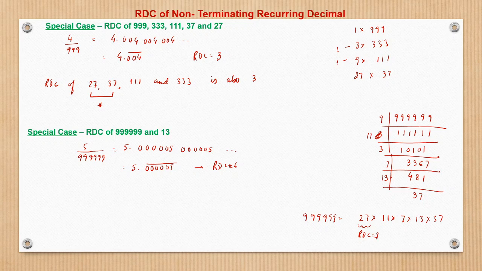RDC of 3 is more conservative, so 27 will be retained here only. Of the rest of the prime numbers, 11 we know has RDC of 2 because it is a factor of 99. So here RDC is 2, right? 37 we know has RDC of 3. Sorry, 37 has RDC of 3, and 11 has RDC of 2.